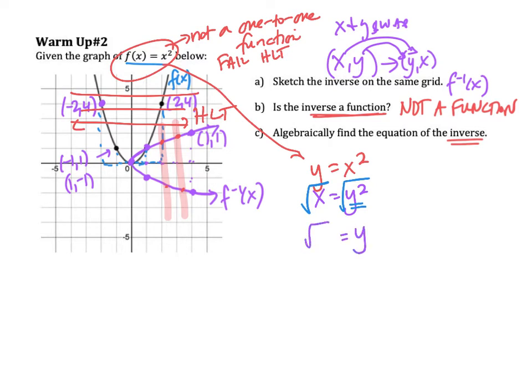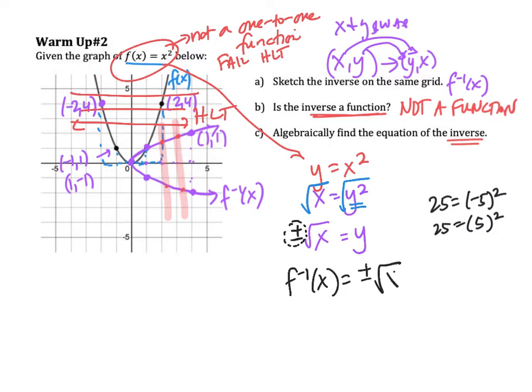But on the other side, we don't just have square root of x, you have a positive and a negative square root of x, right? If I was trying to get 25, I could square negative 5 and I could square positive 5, and both of those would give me 25. So that is where my plus and minus is coming from. So the inverse function is plus or minus the square root of x.